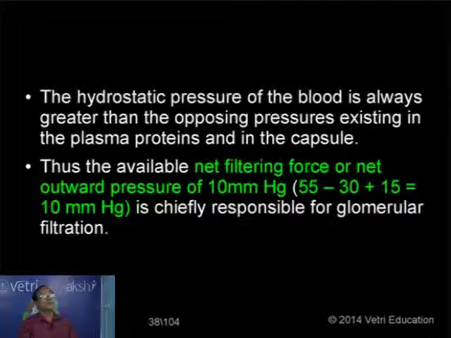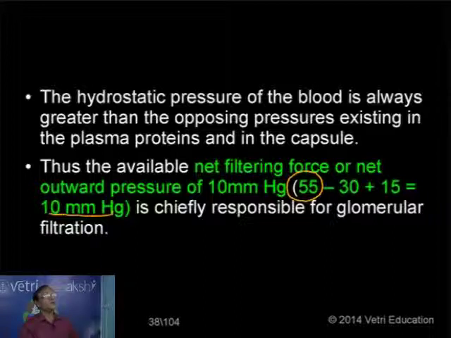So there is a net filtering force or net outward pressure, which is equal to just 10 millimeter mercury. The hydrostatic pressure of 55 minus the cumulative effect of opposition pressures, 30 plus 15. The remainder is the net filtering force or net outward pressure, and that is responsible for filtering the materials from the blood into the capsule.